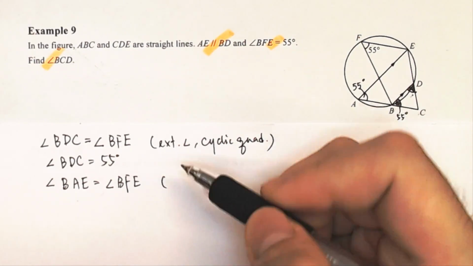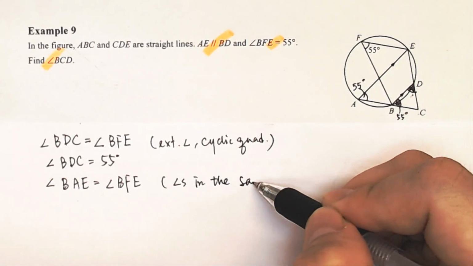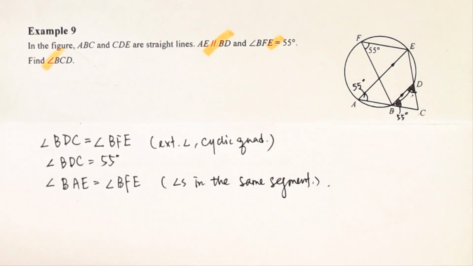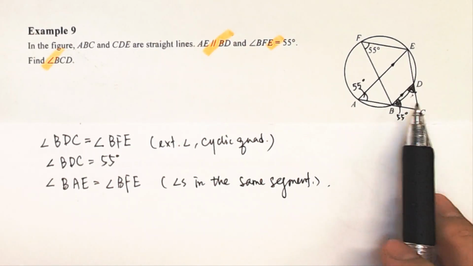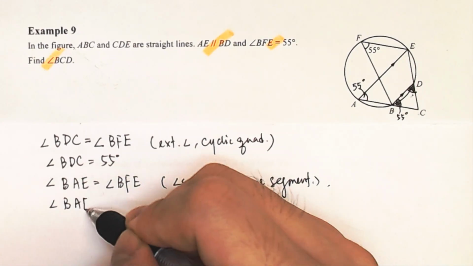Okay, so it's up to you. You can say it's an angle in the same segment, or it's the exterior angle of a cyclic quad. Here are angles in the same segment. Okay, and then make use of the parallel lines. It's 55.